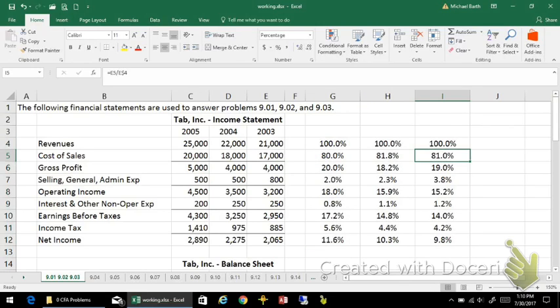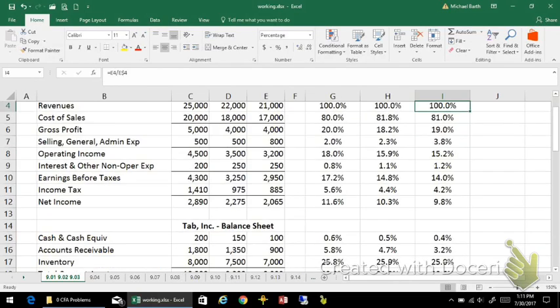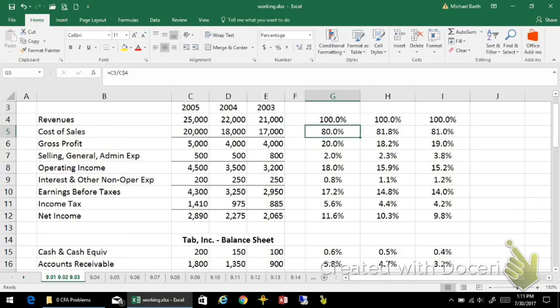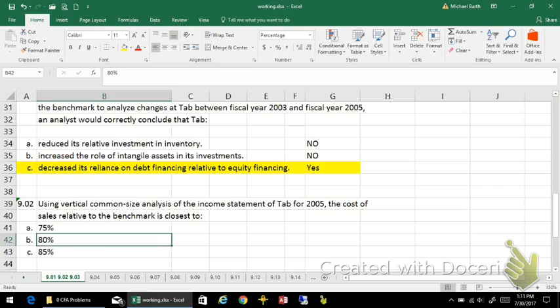And the cost of sales relative to the benchmark in 1981 is closest to, and the benchmark, of course, is sales, 80%. So that's our answer.